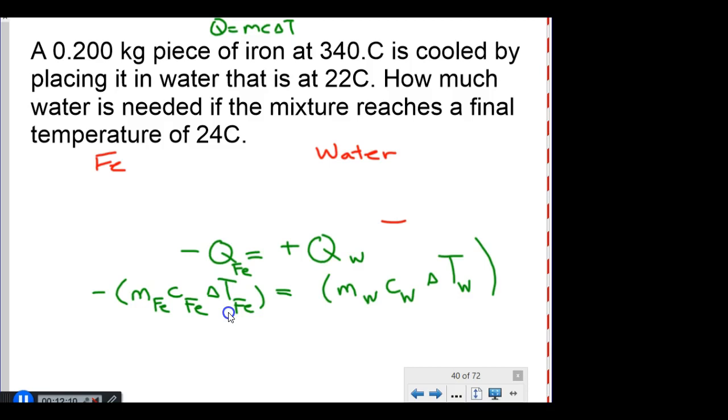We have a 0.200 kilogram piece of iron at 340.0 degrees Celsius. It is cooled by placing into water that is at 22 degrees Celsius. The mixture reaches a final temperature of 24.